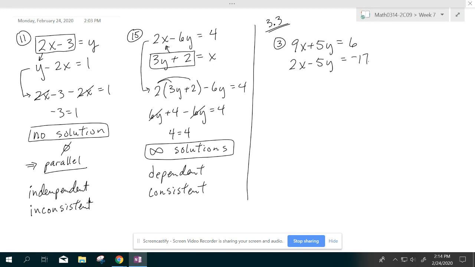This is going to be like an addition method? Yes. Good. So if you break it down, 3.1 focuses on graphing, 3.2 focuses on substitution, and this section, 3.3, is going to focus on the addition method.